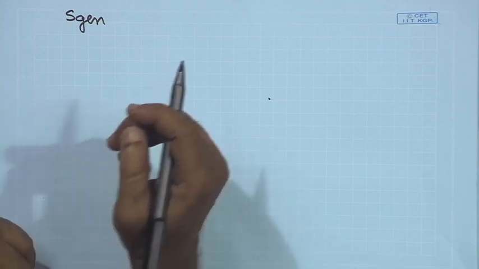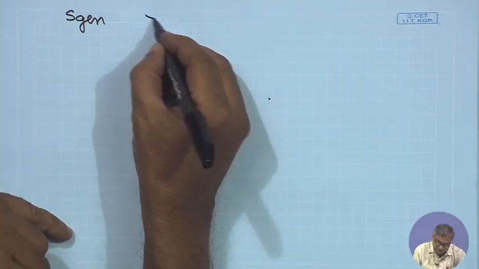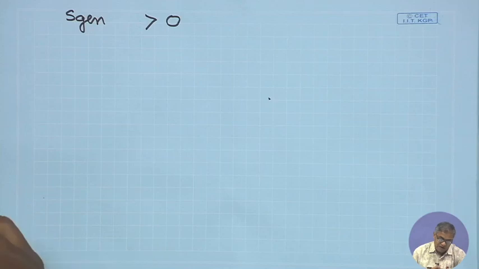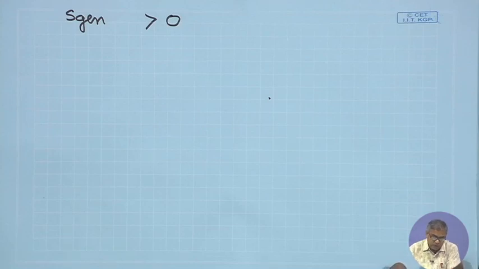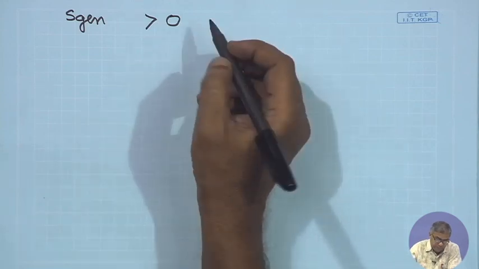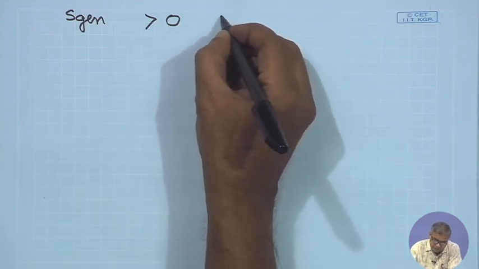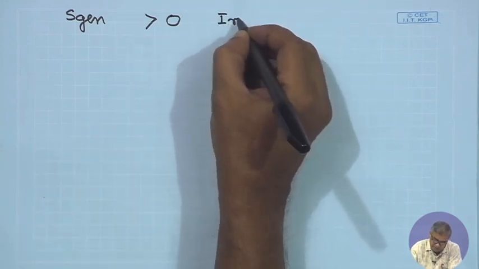Why is it a non-negative quantity? In most of the cases we will find that S gen is greater than 0. So, this denotes the process is irreversible.